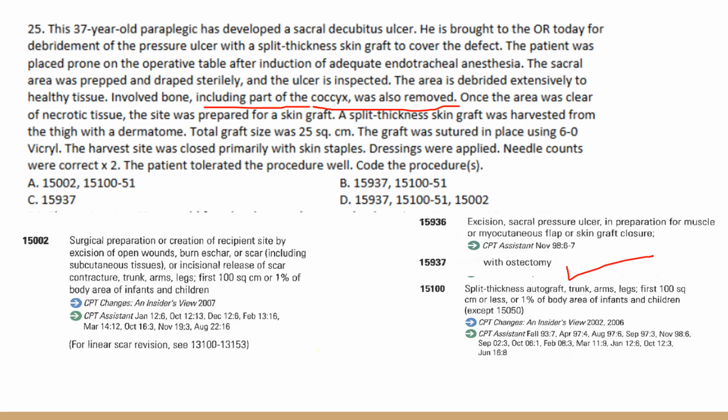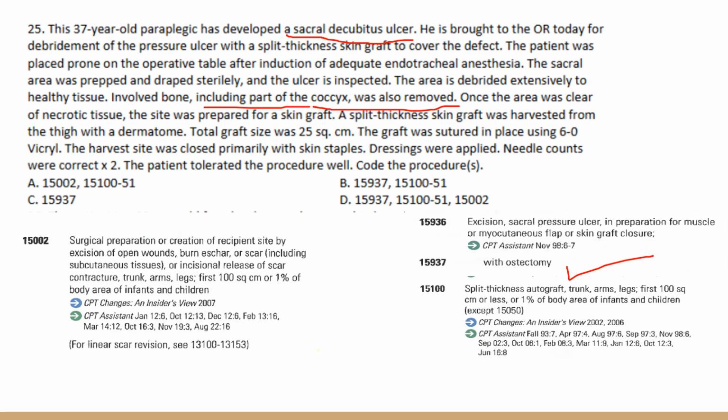And below 15937, there is a parenthetical note. Kindly read that note. It says that if the split thickness graft has happened, then we will have to use the code 15100. So pick up the code 15100, split thickness autograft, trunk, arms and legs. Where did it happen? In this case, it is a sacral ulcer.